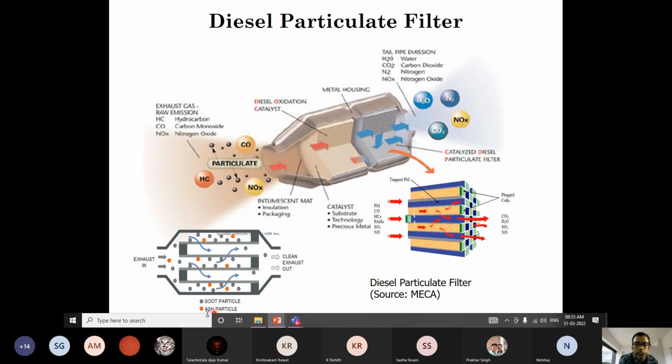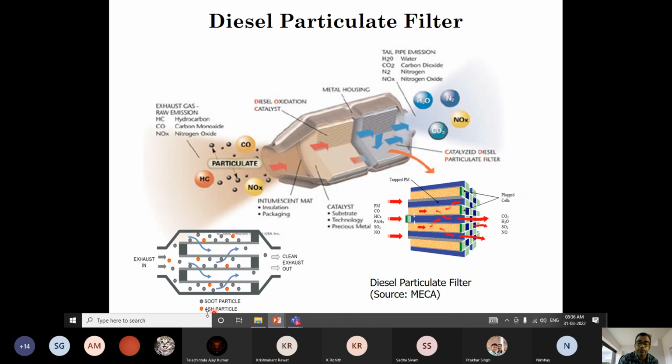If you do post-injection during the later stage of the expansion stroke, some amount of fuel will not contribute to power output, but it increases the temperature of the exhaust gas, and your after-treatment devices like the DPF or DOC will attain the temperature and their conversion efficiency will suddenly increase.